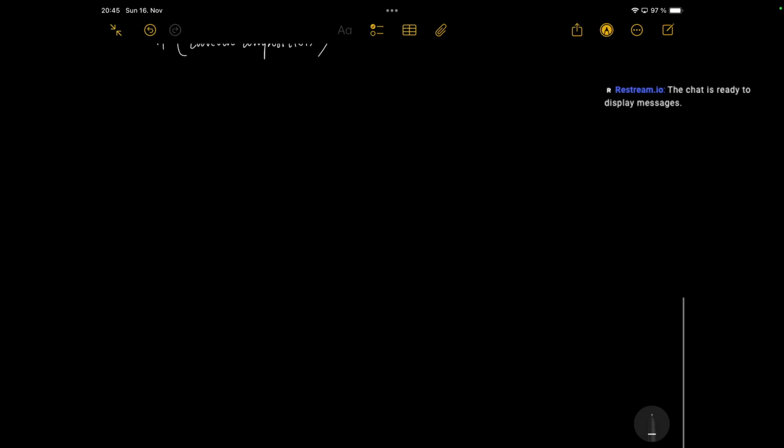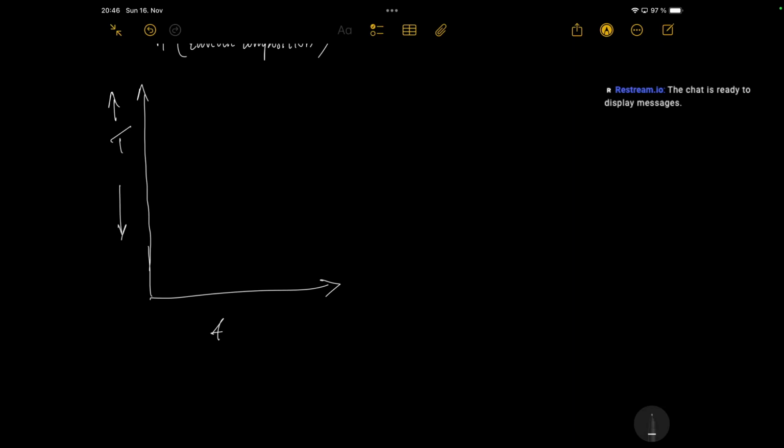So how's the graph gonna look like? First off, the graph is gonna look like a normal graph. That's not normal. It's gonna just go like this, and like this. We got temperature, time.